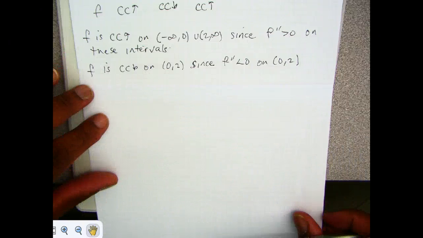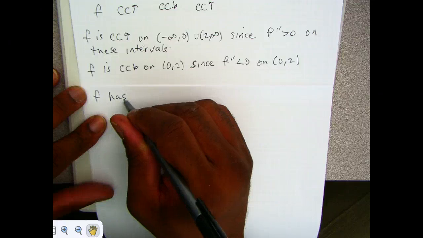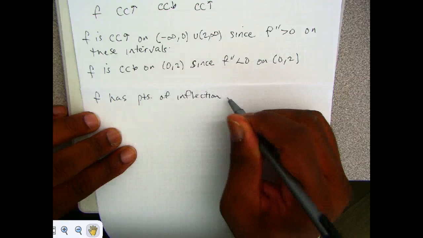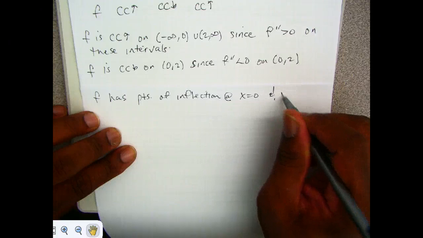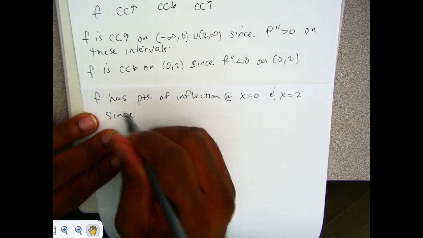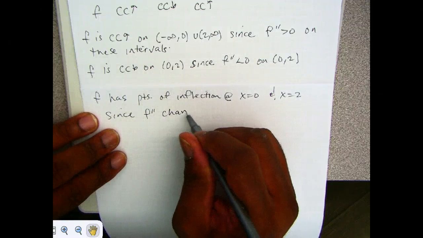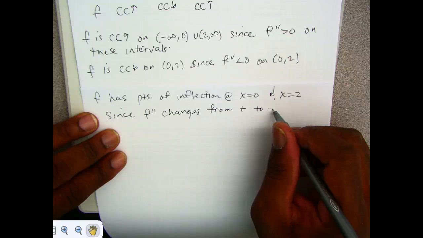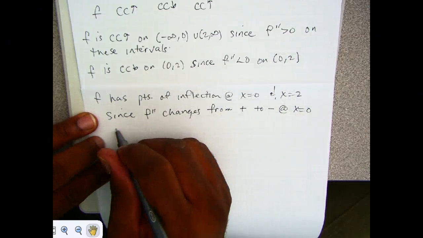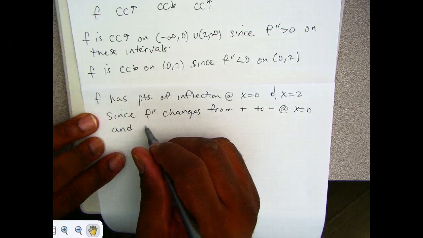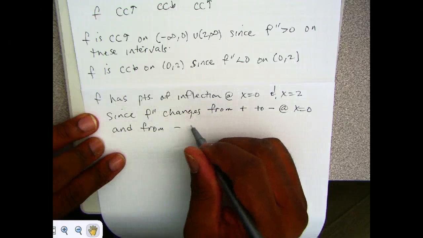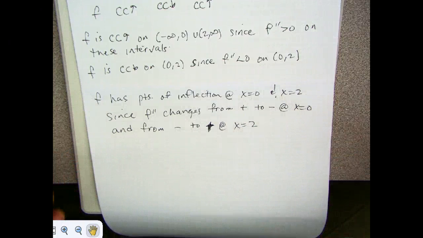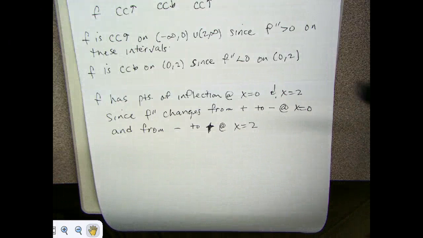Here, f has points of inflection at x equals 0 and x equals 2, since f double prime changes from positive to negative at x equals 0, and from negative to positive at x equals 2. Okay, so there we have our change in concavity.